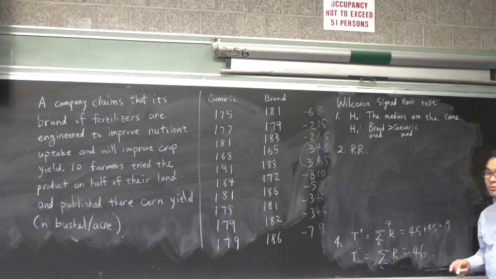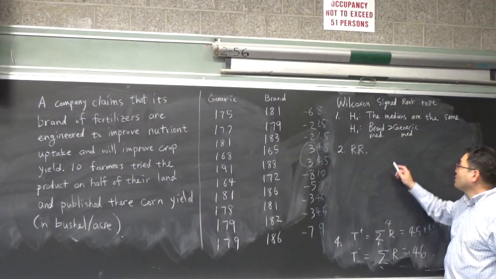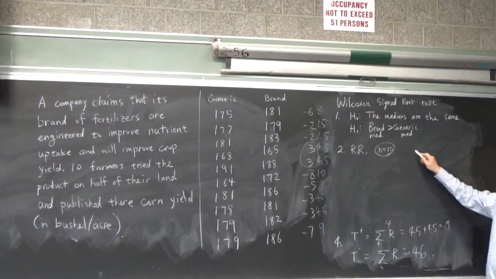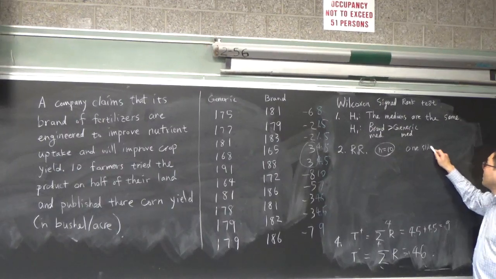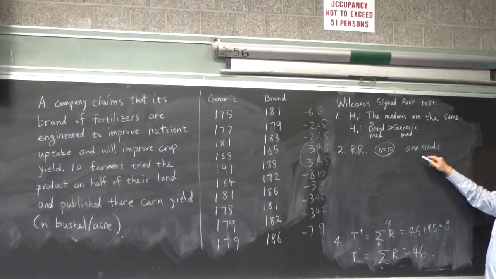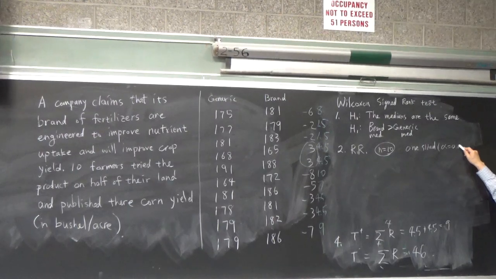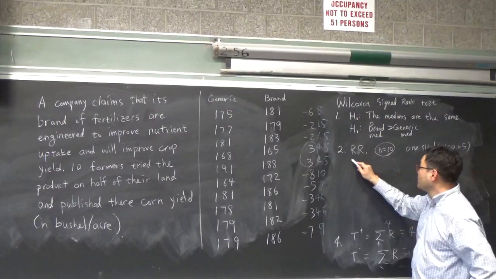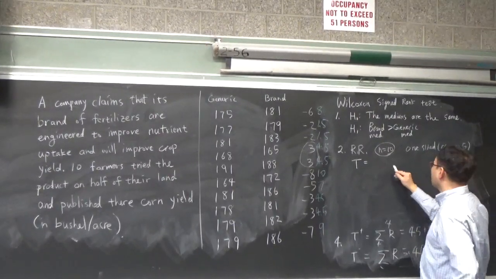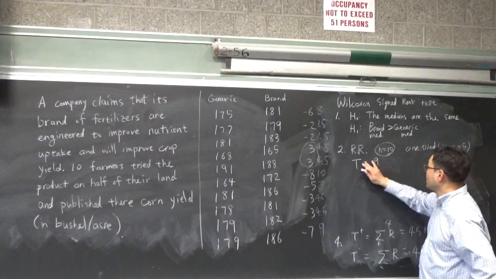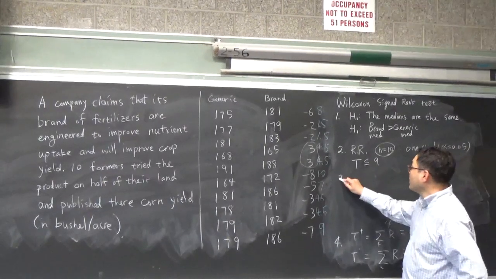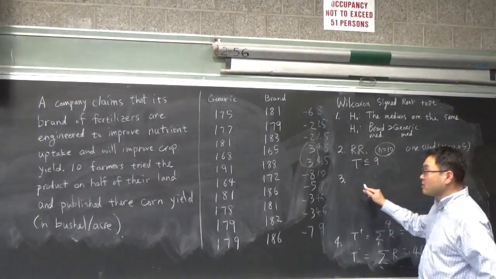Okay, so if you see it, for sample size of 10, and if it's one-sided with alpha equal to 0.05, in the table you'll see that the critical value will be that the t has to be equal to 9 or less. The critical region is t 9 or less. That's your t critical. Okay, number 3, you have to calculate the test statistic.